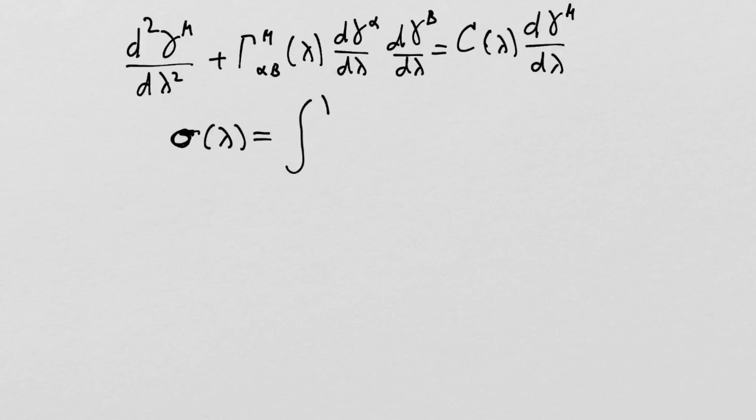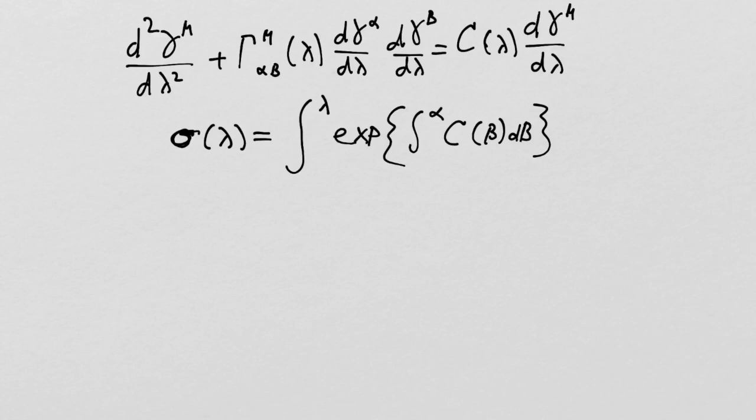this integral up to lambda of the exponential of the integral up to alpha of c of beta d beta, close the exponent, and then the outer integral is going to work on d alpha.